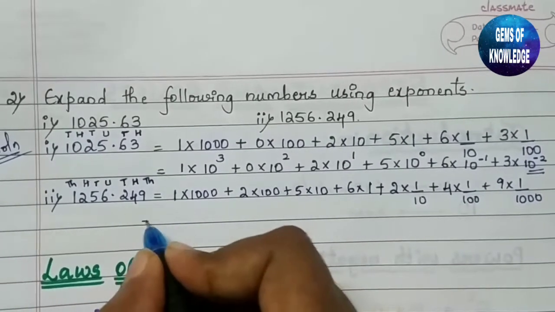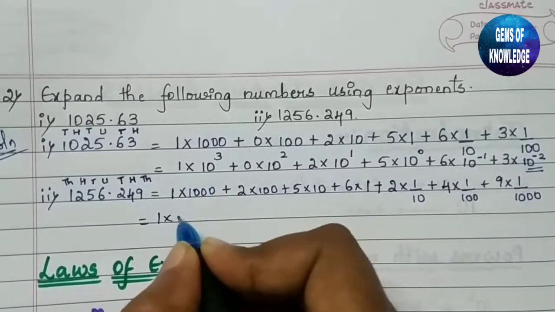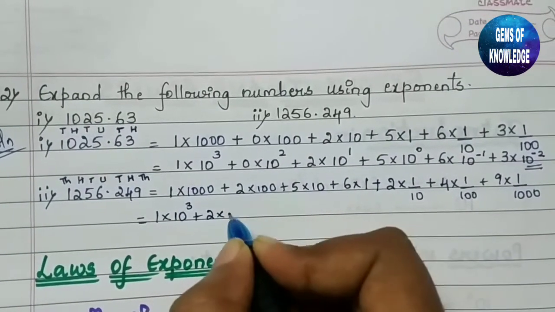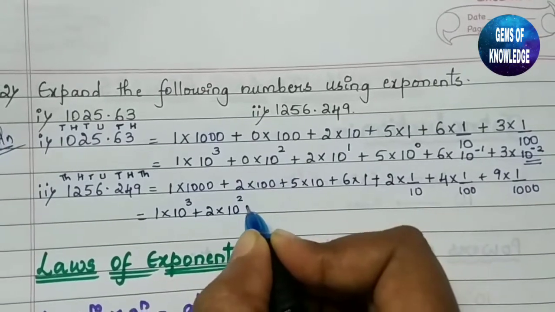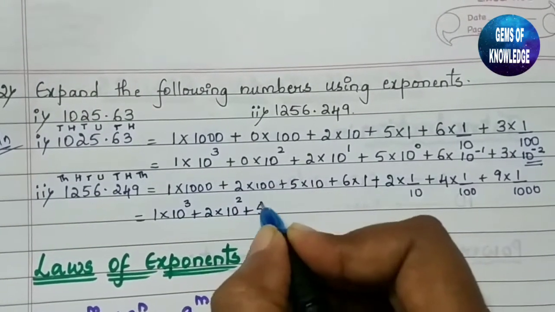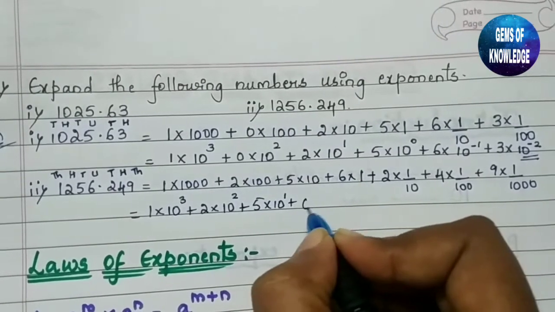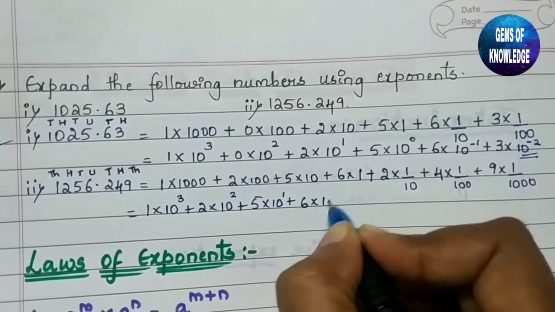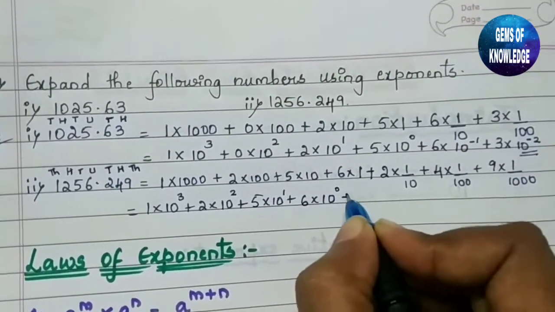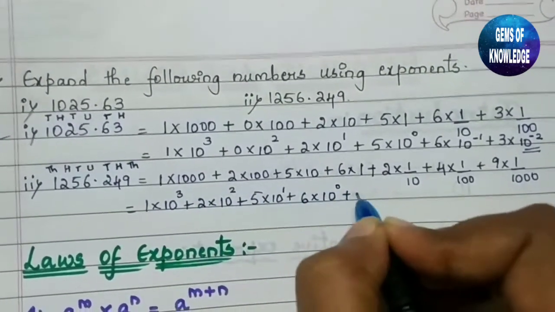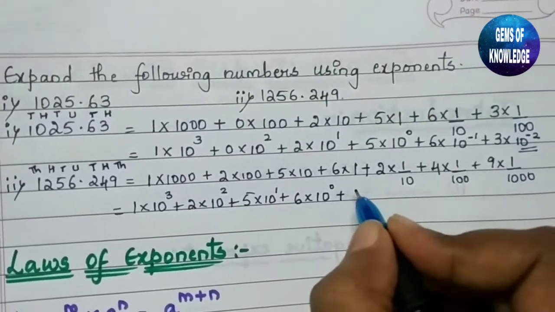So here we can write it as 1 into 10 to the power of 3, plus 2 into 10 to the power of 2, plus 5 into 10 to the power of 1, plus 6 into 1, which can be written as 10 to the power of 0, plus the next number. This is all positive powers, and the next will be negative.